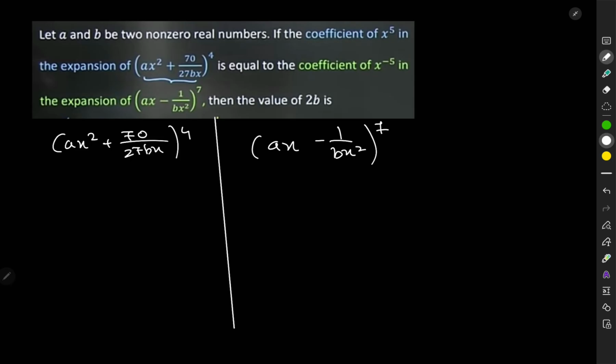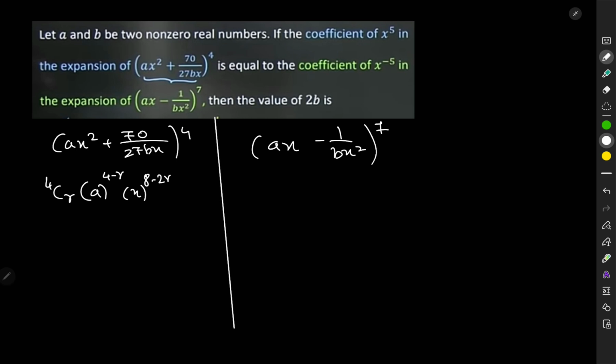just separate it and expand it. We'll get 4Cr a^(4−r) x^(8−2r). Am I right? Yeah.